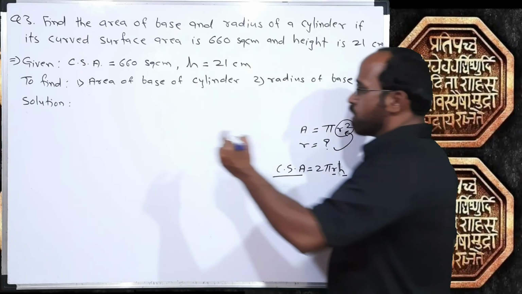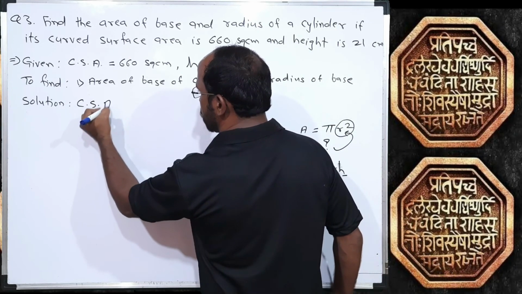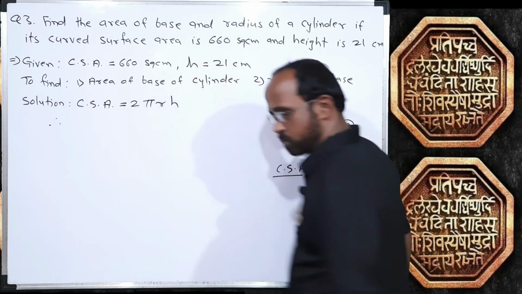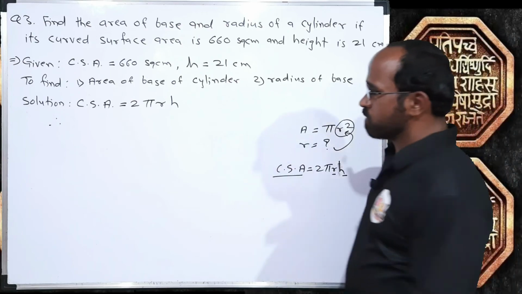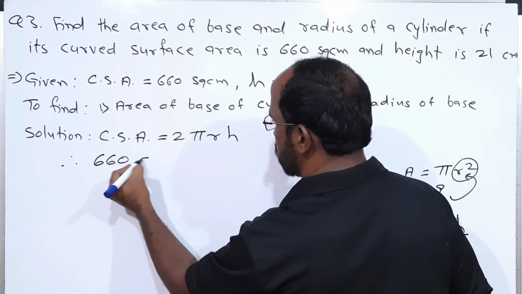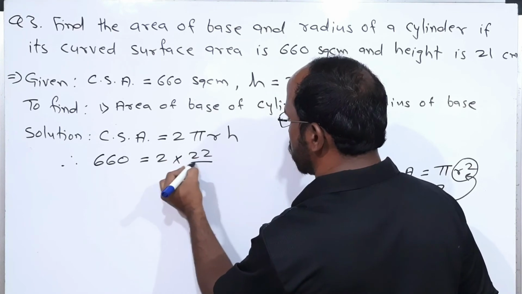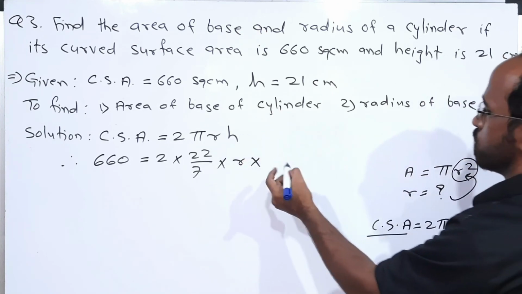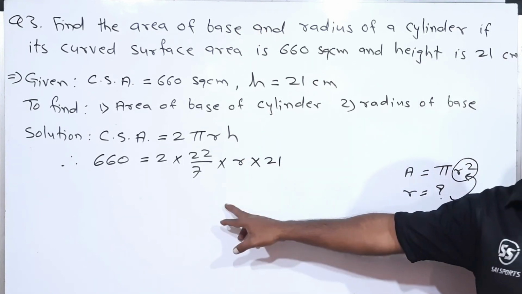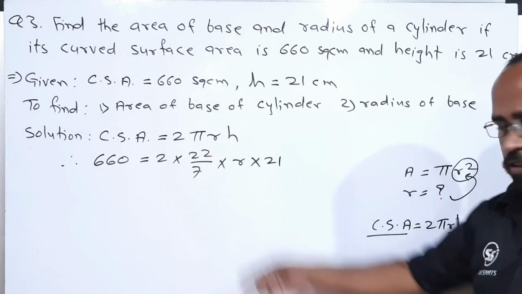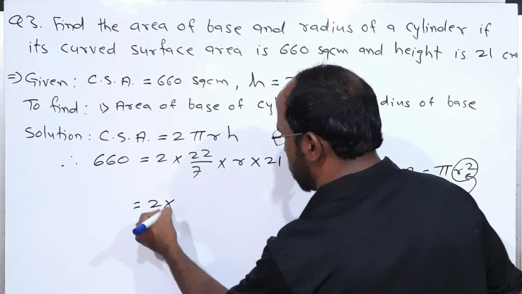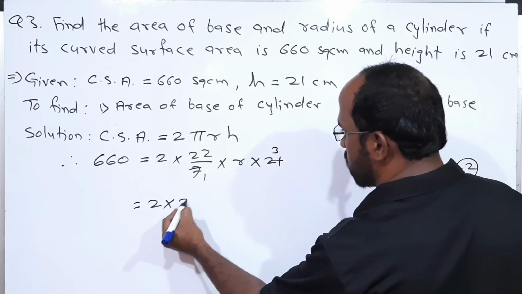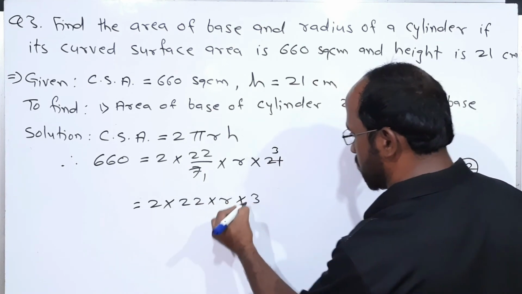So curved surface area is equal to 2 pi r h. Therefore just replace the values in the formula. CSA is equal to 660 is equal to 2 multiplied by 22 upon 7 multiplied by r, not given, multiplied by h. H is equal to 21. Clear guys? Now 21 and 7 we can apply test of divisibility. So that is equals to 2 multiplied by 7 on the 7, 7 3 the 21. 2 multiplied by 22 multiplied by r multiplied by 3.